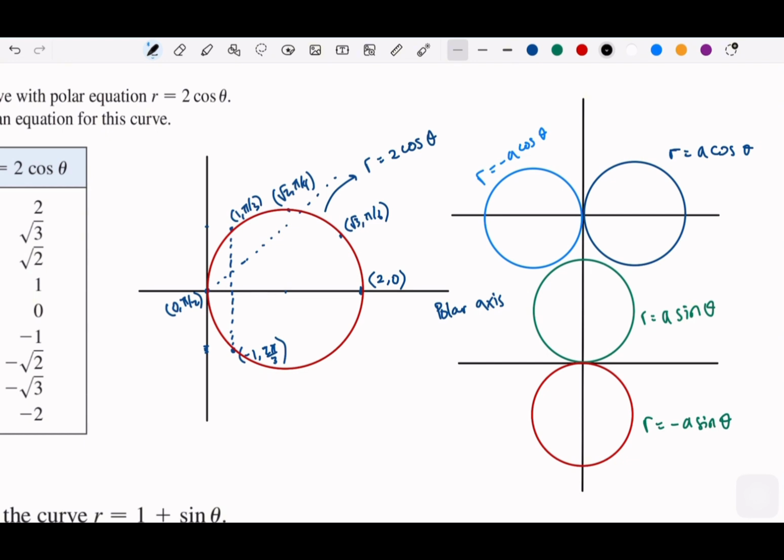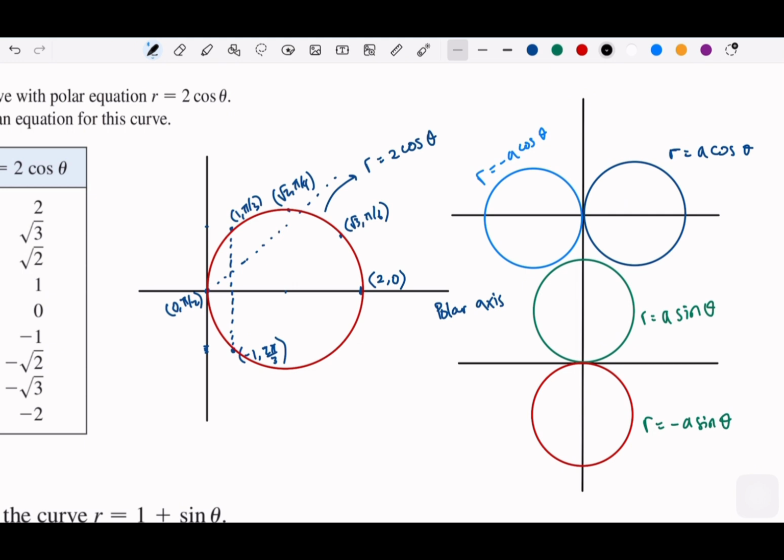So this works for all combinations of polar. For cosine or sine, that's how we are going to work with it. You could check the same idea, step by step, taking all the small points. You could also do the same thing for sine, for negative sine, and for negative cosine, and see whether it's correct or not.